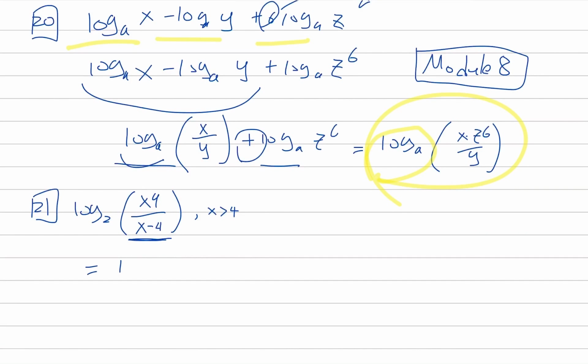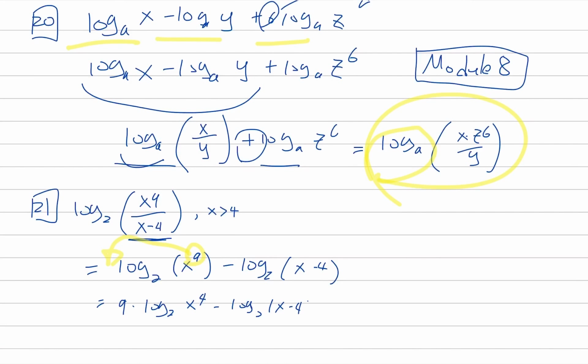So first, since it's division, we can separate into log base 2 x^9 minus log base 2 x minus 4. Now for here we can bring this 9 to the front. We get 9 times log base 2 x minus log base 2 x minus 4 is the final form.